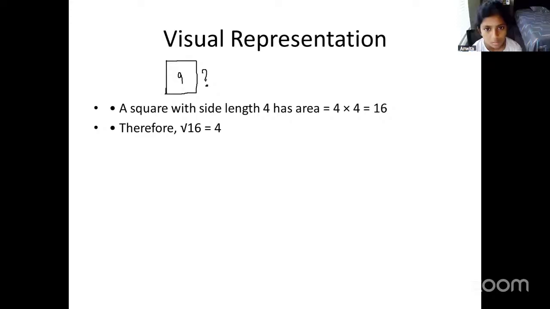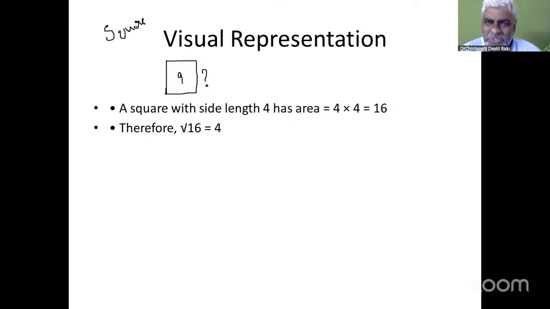But now, area is given. We are asked to find its side. Previously, we used the concept of square to find the area when the side is given, but this is the reverse process. Here area is given, and the side is asked.